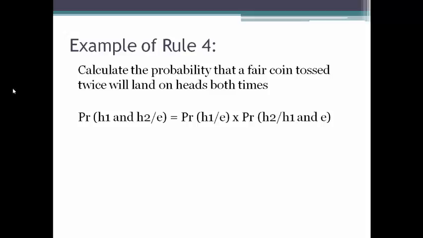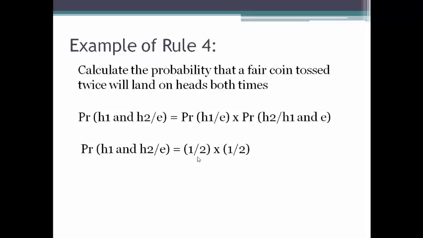You take the probability of H1 given E, and our evidence is that the coin is fair, so the probability that it'll land on heads is 1/2, and then you're going to multiply that by the probability that the second toss will be heads given that the first toss was heads, and the background evidence we've got. Of course, whether or not the first toss is heads is irrelevant to whether or not the second one will be heads. So this piece of information won't actually change the outcome at all. This is also going to be 1/2.